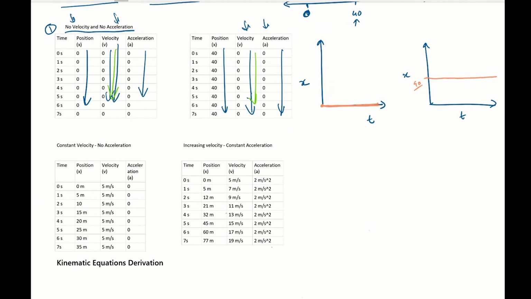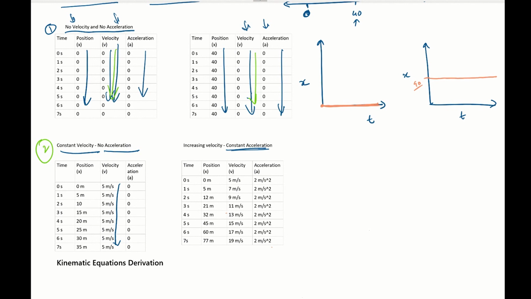Let us move on to the second scenario, where there is constant velocity but no acceleration. I have written a constant acceleration of 5 meters per second, and one quick thing to keep in mind is that even though there is no acceleration, that case is itself a subset of constant acceleration.